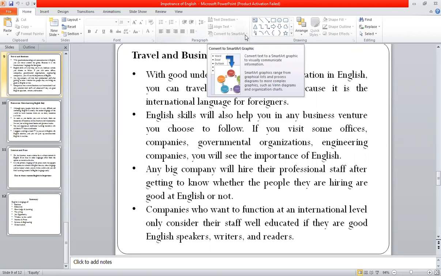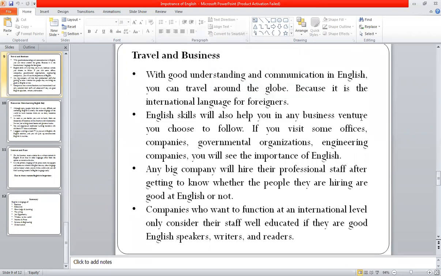If you visit those companies, you will see that those are the people who choose to use English for communication, because with this language, communication becomes more efficient and easy.